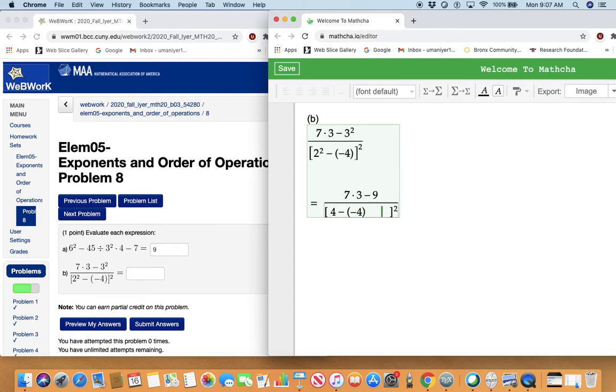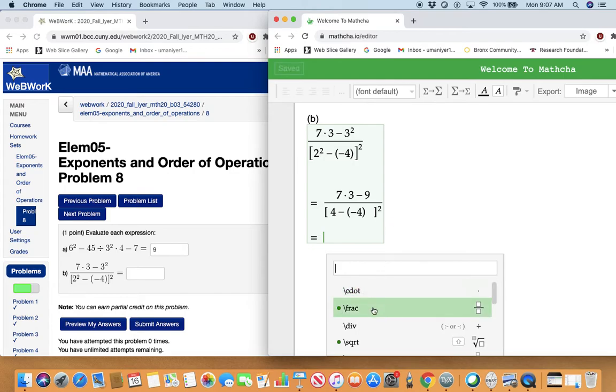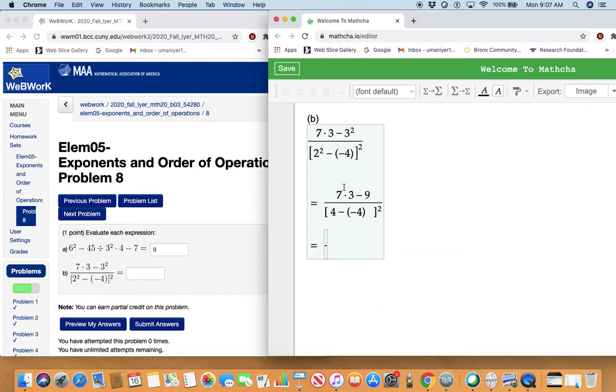All right. Continuing, in the numerator, multiplication and a subtraction. Multiplication takes precedence. 7 times 3 is 21 minus 9. Denominator, you have a bracket, power 2. What goes inside the bracket? Notice 4 minus minus 4. So it's 4 plus 4.